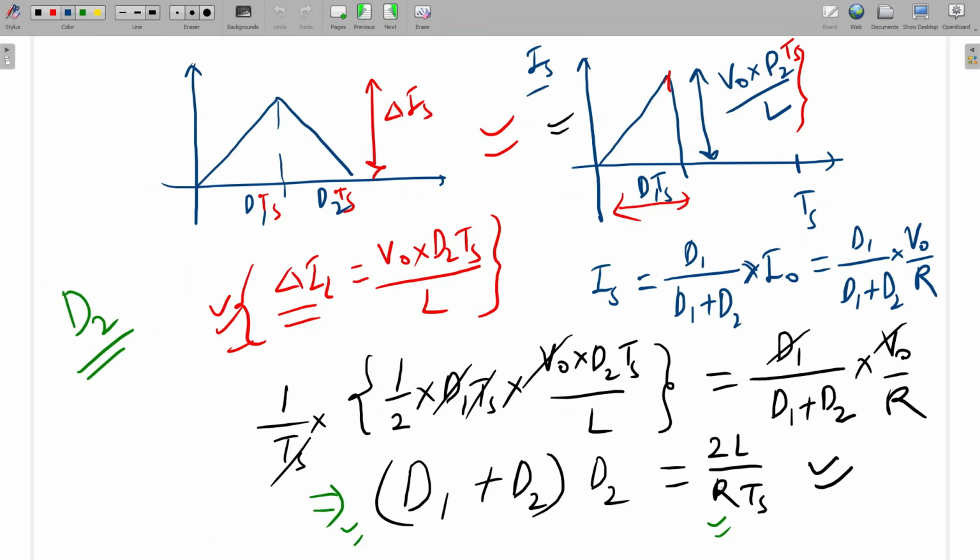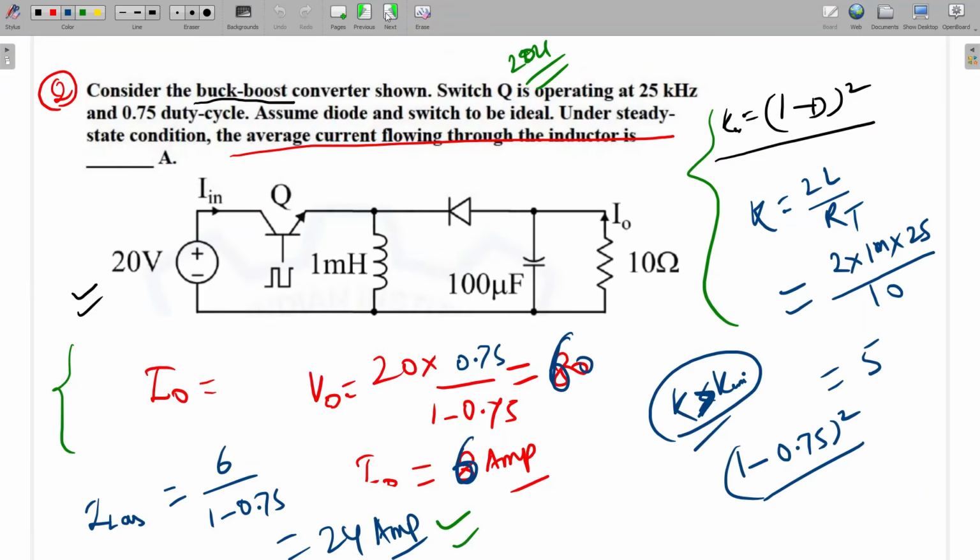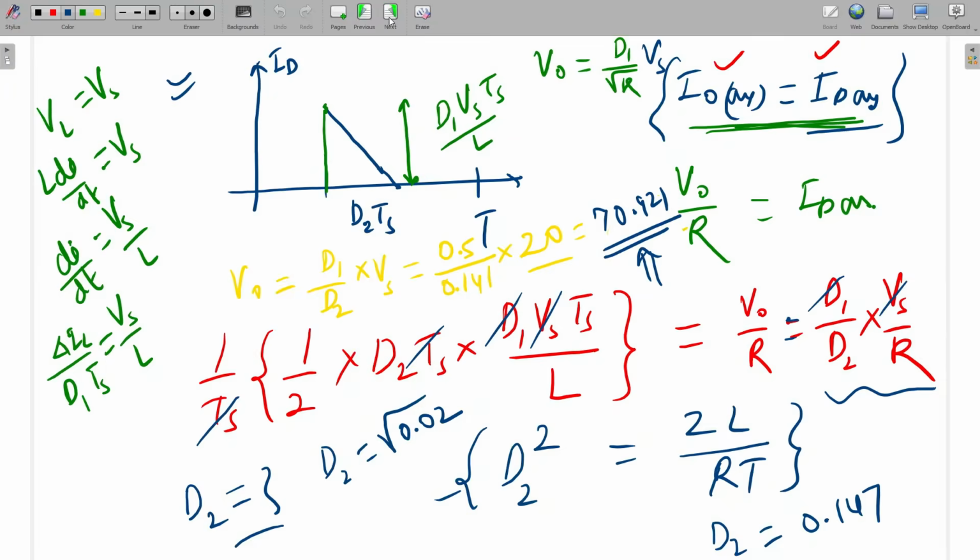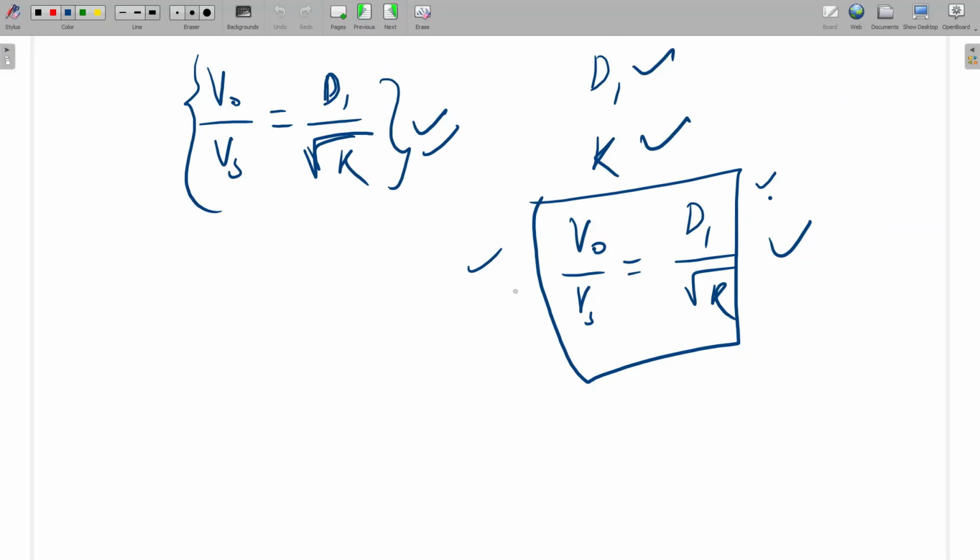If you put in D2, then it will come in some standard form that you can derive also. In the next class I will write all those standard formulas for all three, buck, boost and buck-boost, in the revision. This one is for buck-boost.